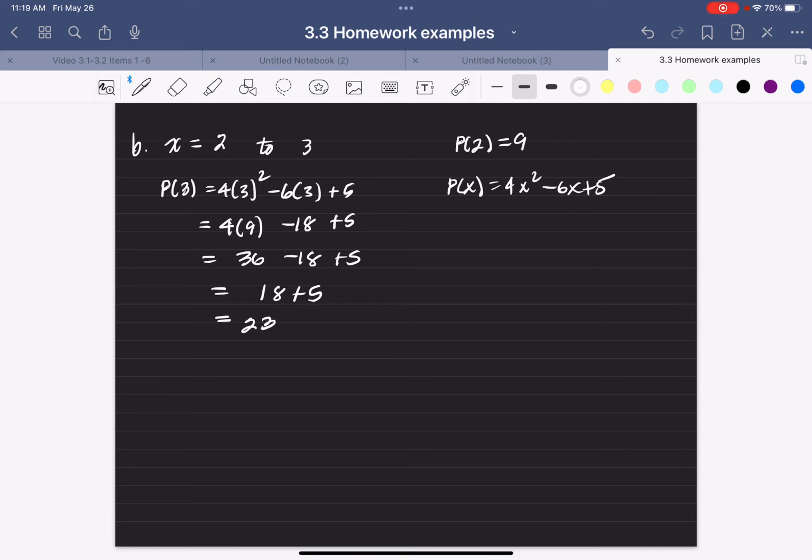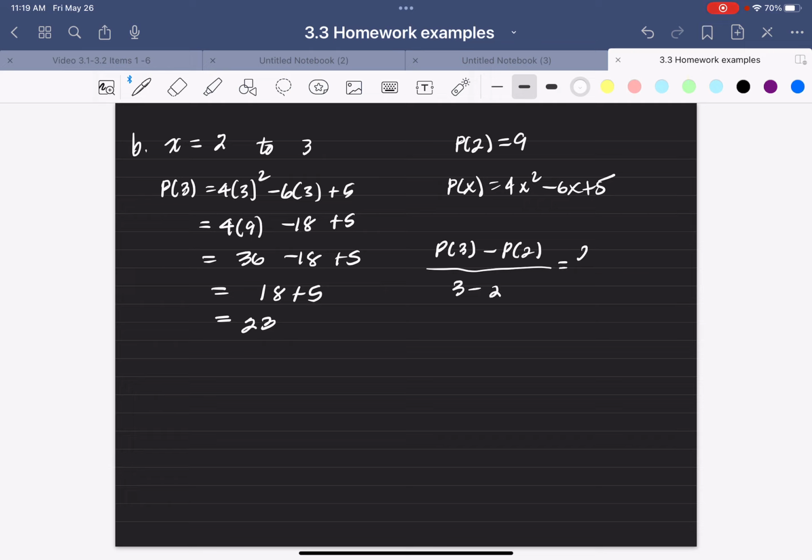23. So this is the same concept. We're doing the slope of the secant now, and we're getting P of 3 to be 23. Now don't forget, we got P of 2 to be 9, so we're going to have to go P of 3 minus P of 2 over 3 minus 2.